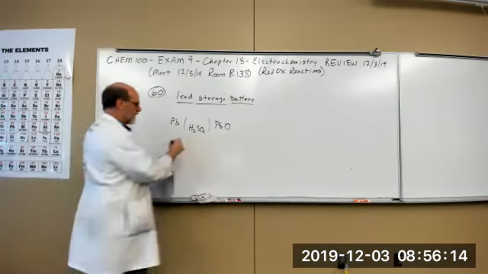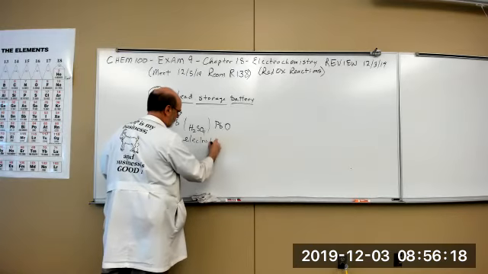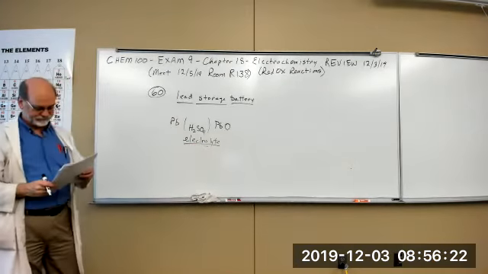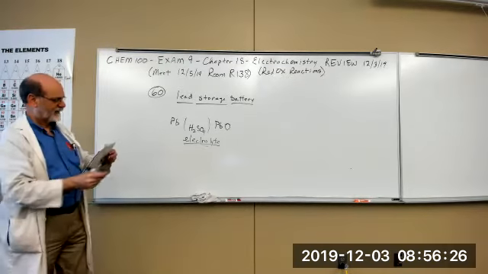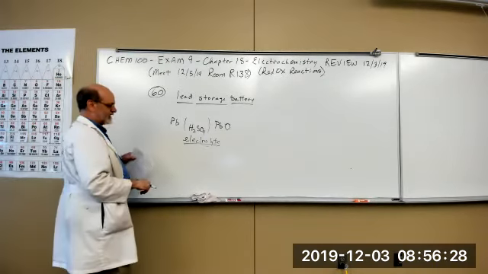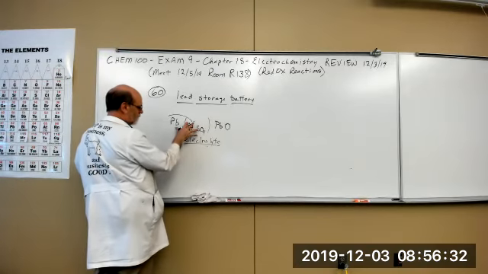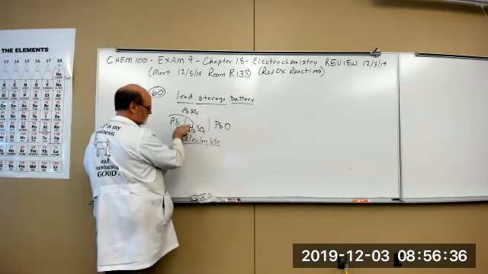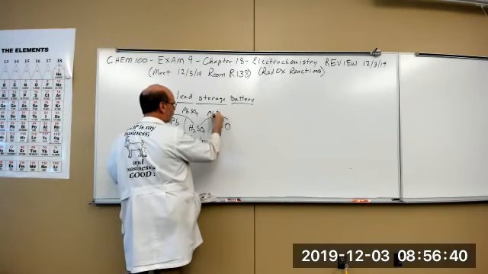This is the electrolyte in a lead storage battery. Okay? And in the reaction, this one combines with that one to make that. And this one combines with that one to also make that.